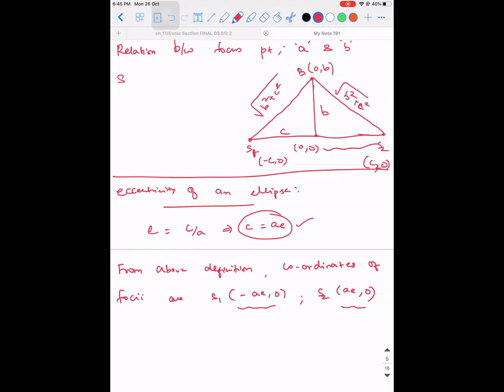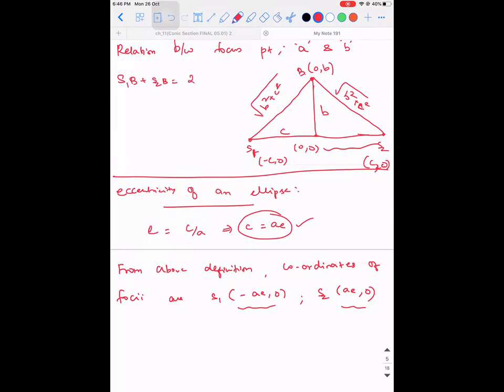So according to the definition of ellipse, S1B plus S2B is how much? B is a point on the ellipse. So according to the definition of ellipse, S1B plus S2B should be a constant. And what is the value of that constant? I told you it is always the same.